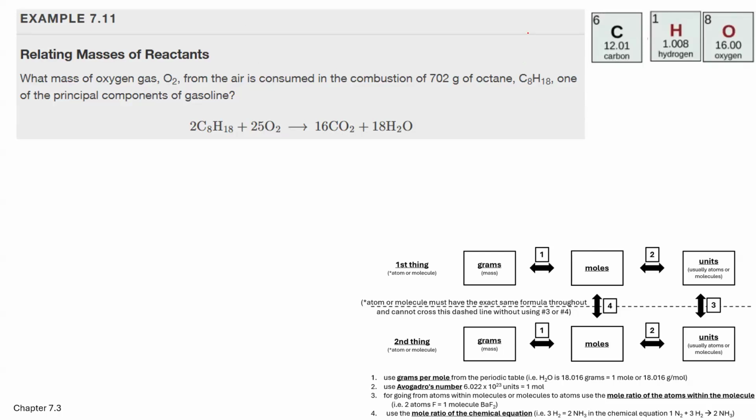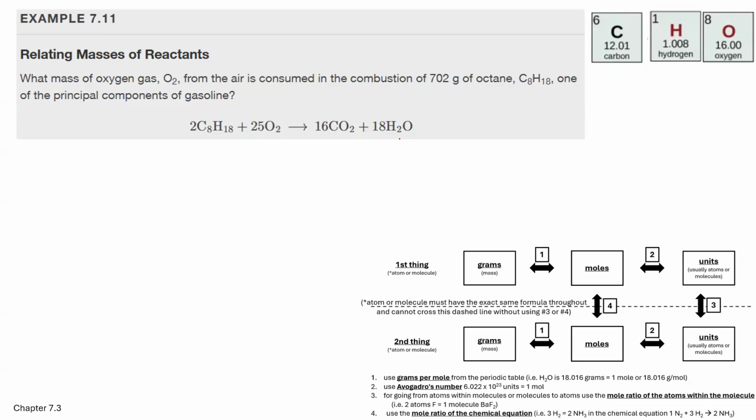We just move this around. All right, back in business. What mass of oxygen gas from the air is consumed in the combustion of 702 grams of octane, C8H18, which is one of the principal components of gasoline? This is the balanced equation with the different coefficients.